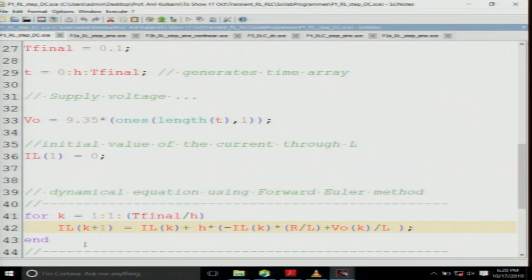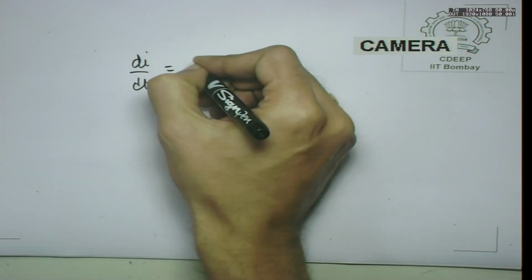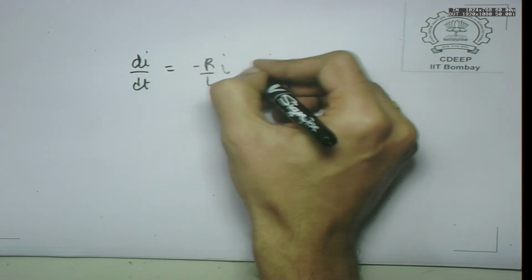The initial value of current is 0 in the circuit, and what we do is now numerically obtain the value of I by applying the Euler method to this system. So, I will just quickly show you how we got this equation. di by dt is equal to minus R by L I plus V by L.